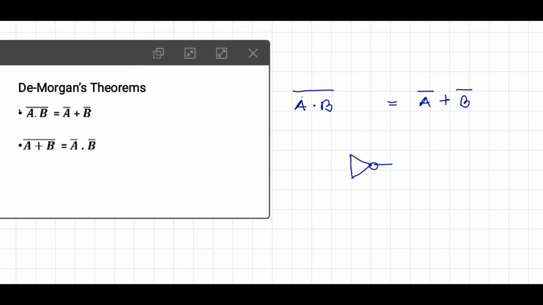That is A dot B. Dot means it is an AND operation, so we need an AND gate at the input.